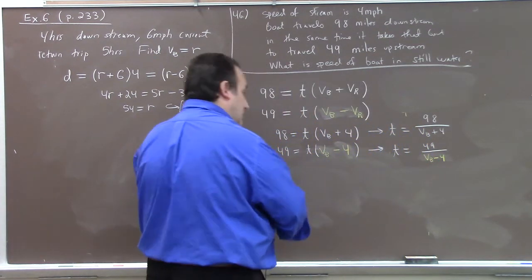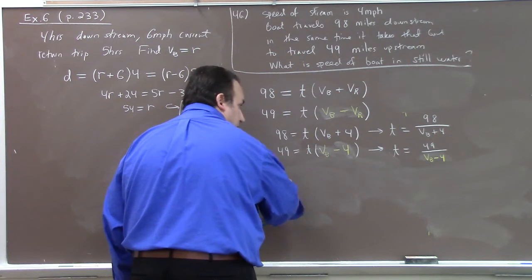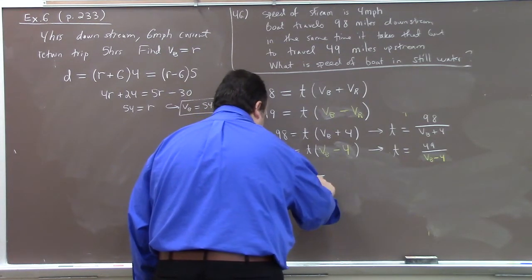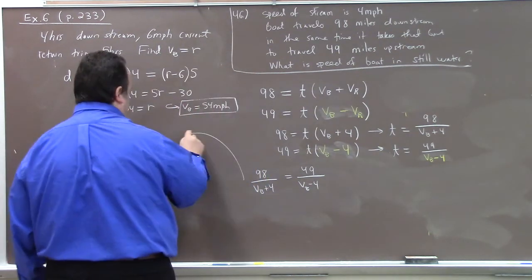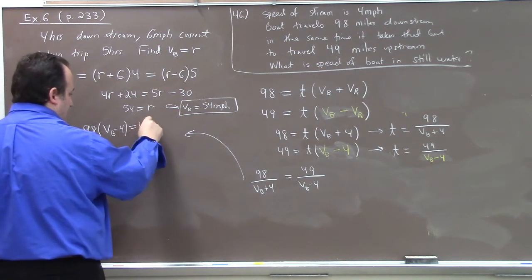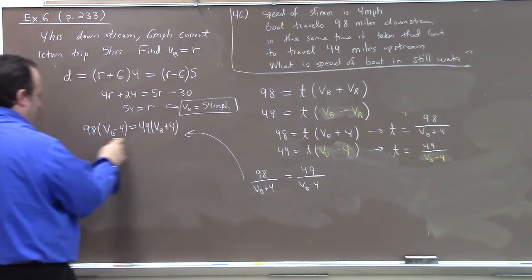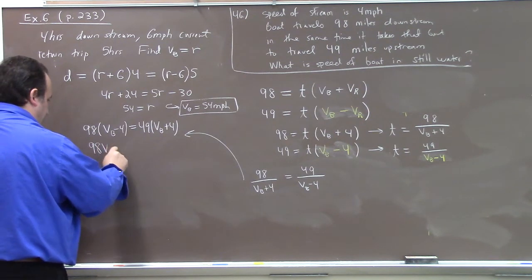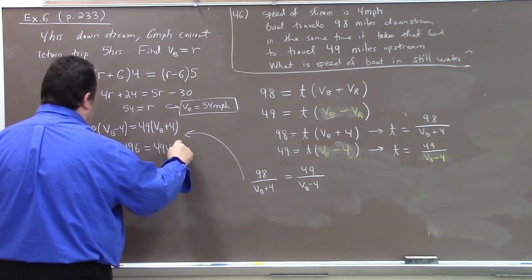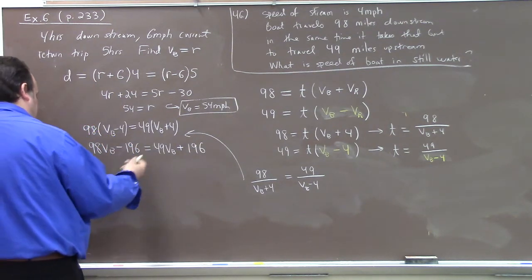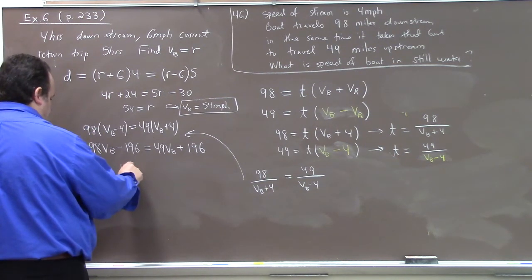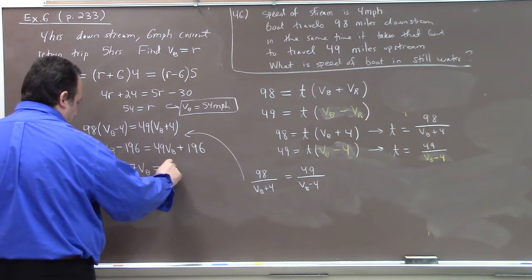All right, so we get 98 over VB plus 4 equals 49 over VB minus 4, which gives me, I'm gonna work it over here, 98 times VB minus 4 equals 49 times VB plus 4, which gives me 98 VB minus 196 equals 49 VB plus 196, which then gives me 98 plus 49 is what, 147 VB equals to, whoop.